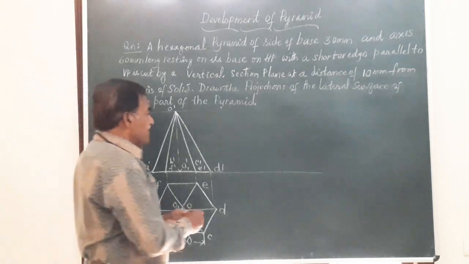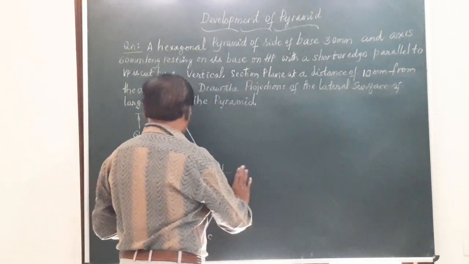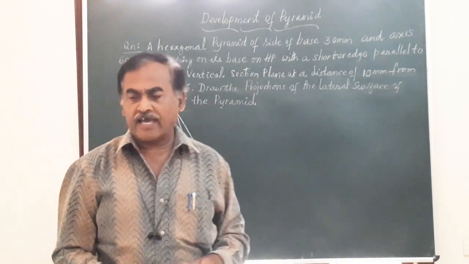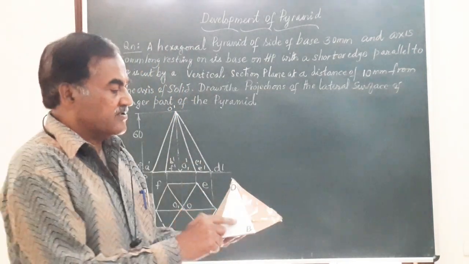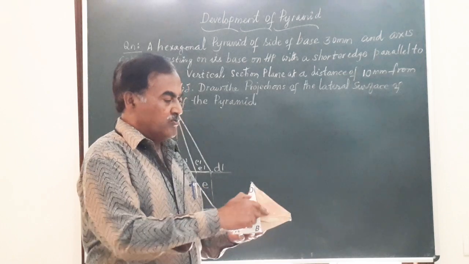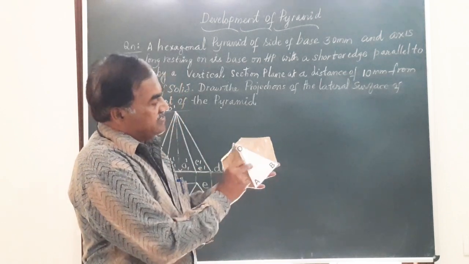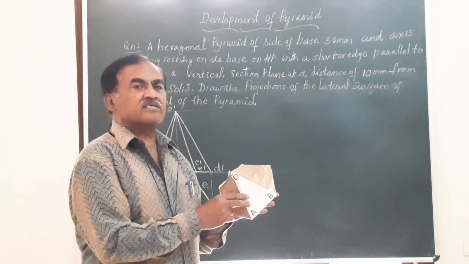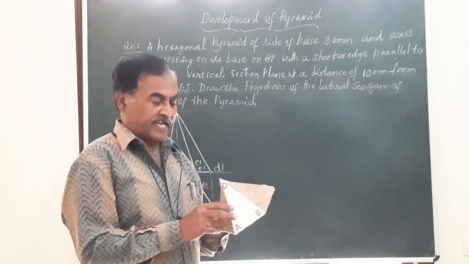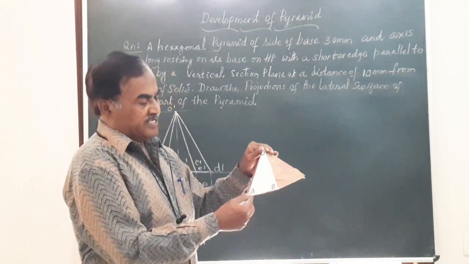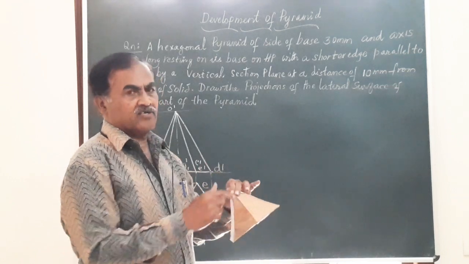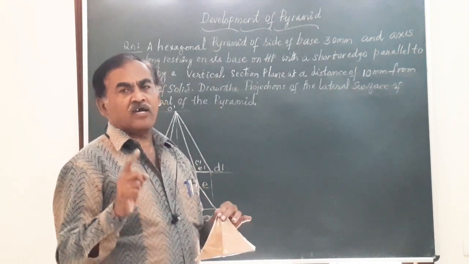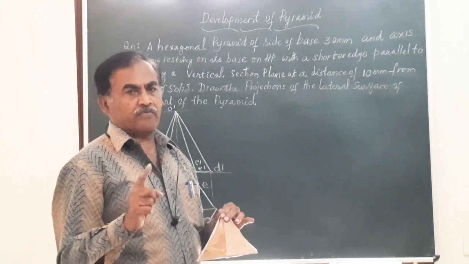Now, you all know very well, the hexagonal pyramid will have 6 lateral surfaces, OAB, OBC, etc. You will have 6 surfaces, and all these surfaces are isosceles triangles having the base edge measuring AB equal to 30 millimeters. So, like that, you will have 6 isosceles triangles in the development.